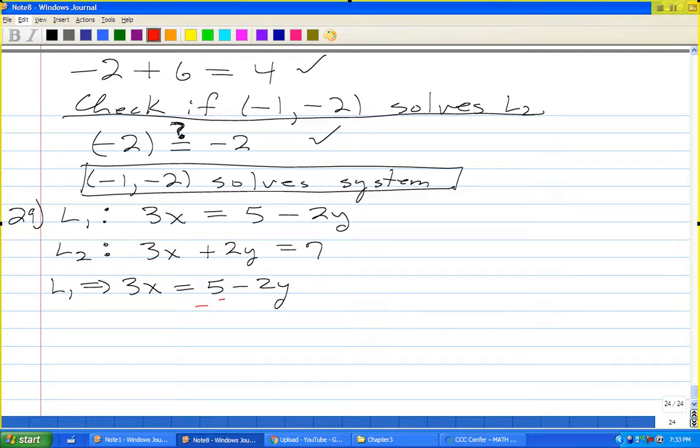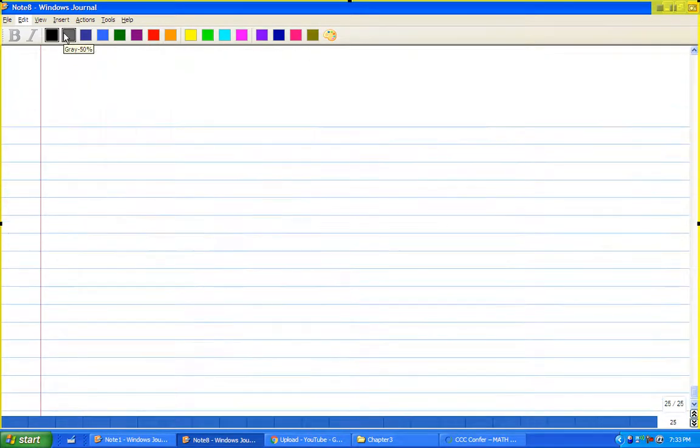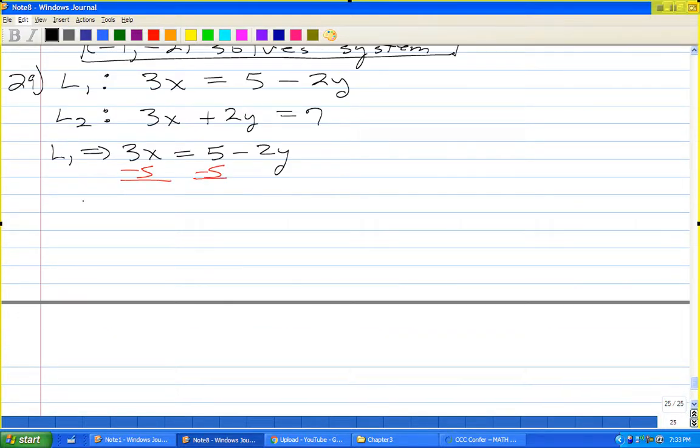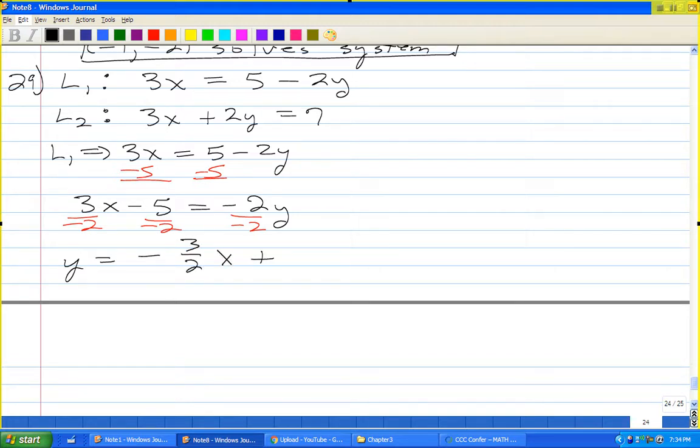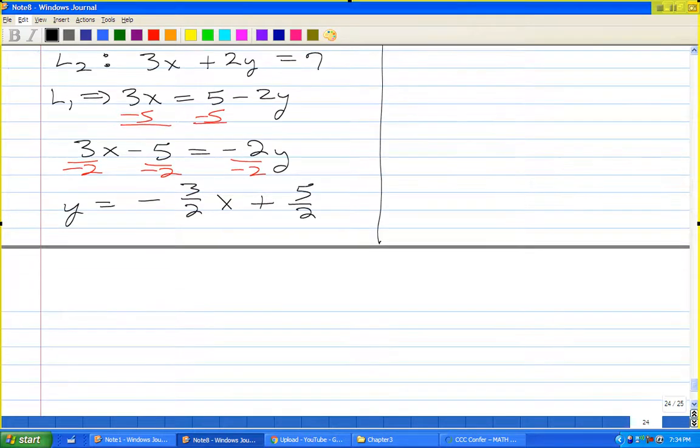Subtract 5 from both sides, so 3x minus 5 equals negative 2y. Divide by negative 2, and so y is equal to negative 3/2 x plus 5/2. So the slope of the first line is negative 3/2, and the y-intercept is positive 5/2.